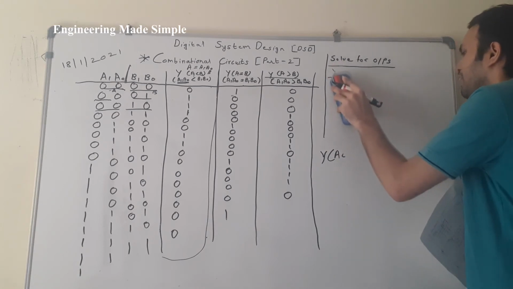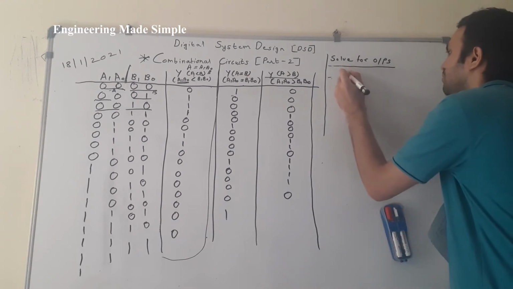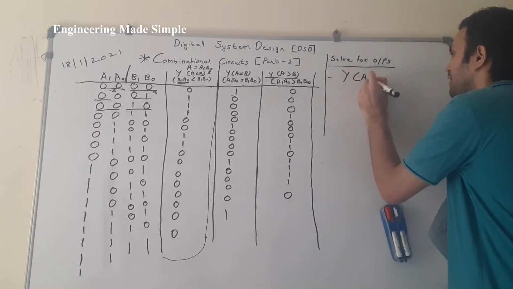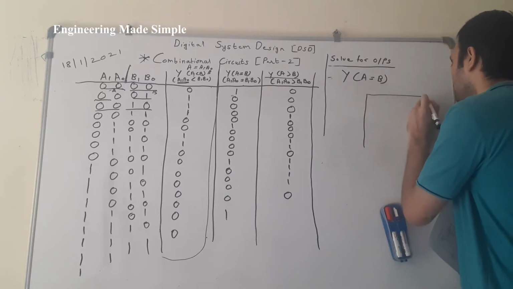That will again be a 4 variable K-map. So Y for A is equal to B. Now let us solve this particular K-map. It would again be a 4 variable K-map.